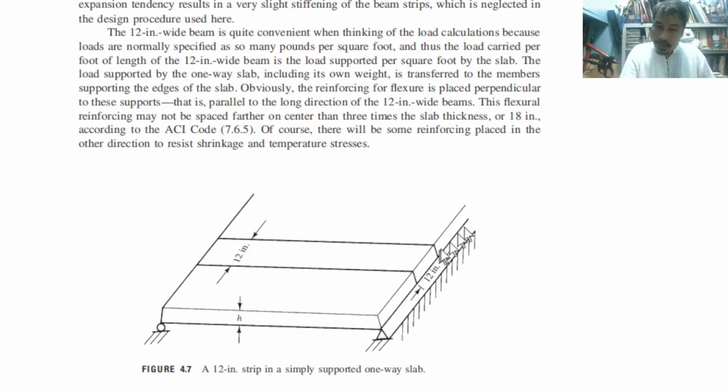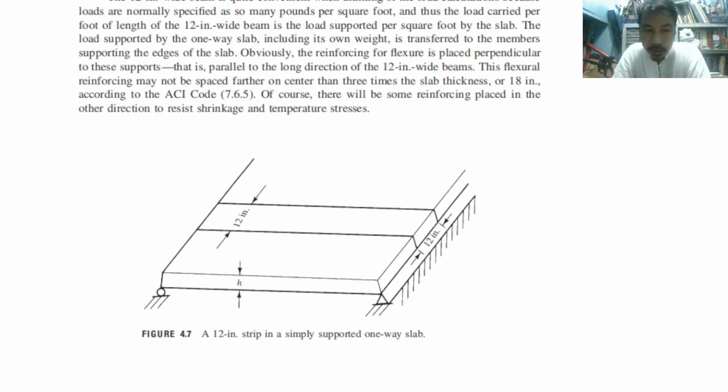In reality, the slab is very long, but we can cut a strip. Hypothetically, we are designing only this strip, and that is useful because 12 inches is equal to 1 foot. If you are using SI units, we are going to design it by 1 meter, so per meter rather than per foot. That is how we do the design of slab.